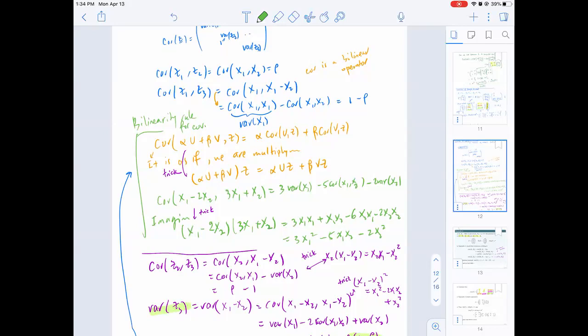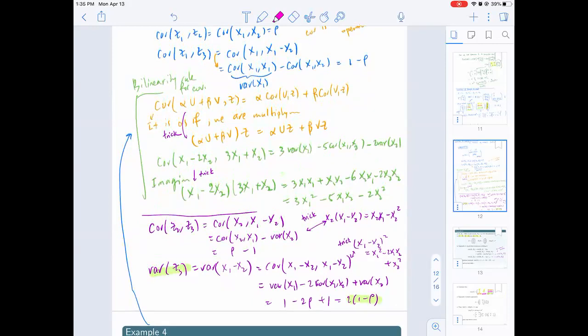Whatever this does, the covariance does the same thing. That was a good point. So it's not necessary that the variances always appear with positive coefficients. If you're computing the covariance of something with itself, like this, then the variances appear with positive coefficients, but not in general.